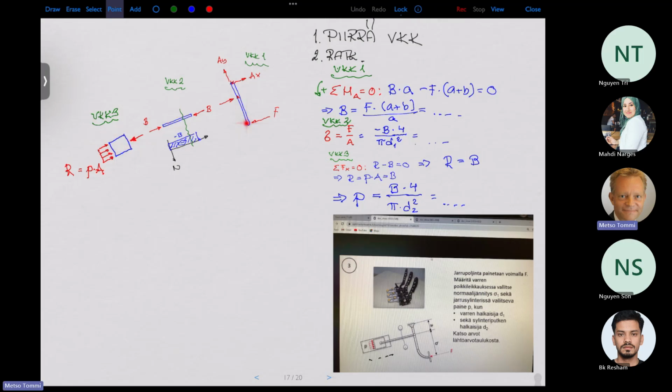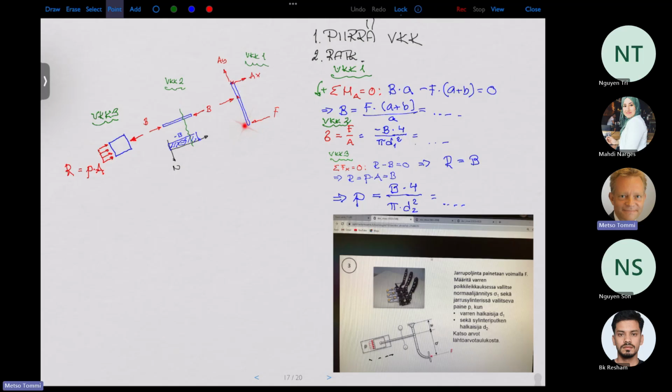And as you can see, this pedal doesn't have to be curved. You can simplify the picture by just putting a straight pedal, because those diameters are what matters. It doesn't matter if the F force is a little bit higher or a little bit lower.